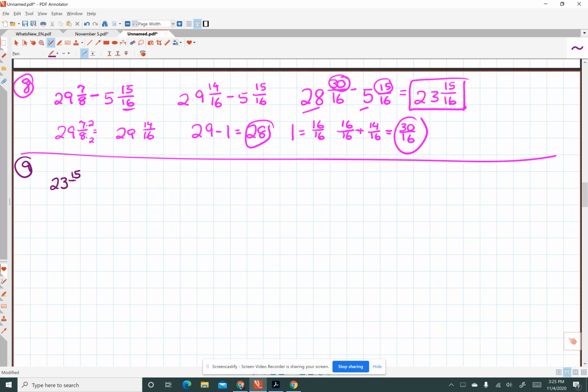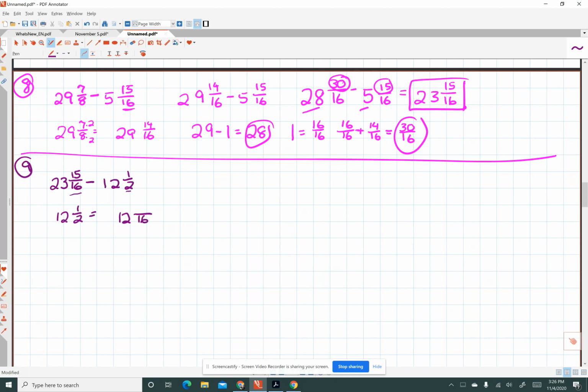23 and 15/16 minus 12 and a half. Now, we also see that 16 is a multiple of 2. So we're going to convert this second number, the 12 and a half, to 16ths. So 12 and 1/2 equals 12 and how many 16ths?